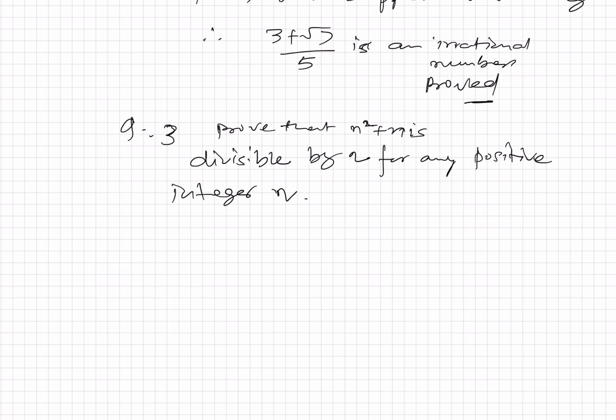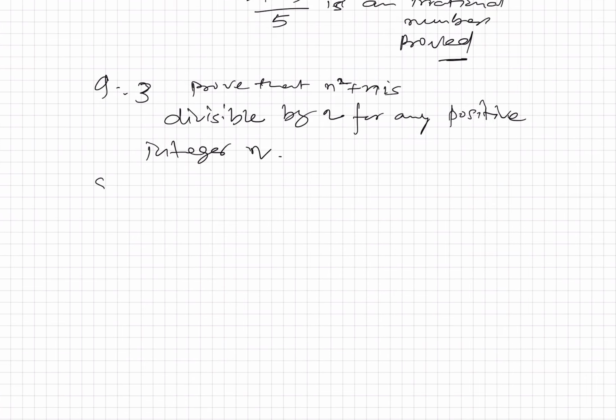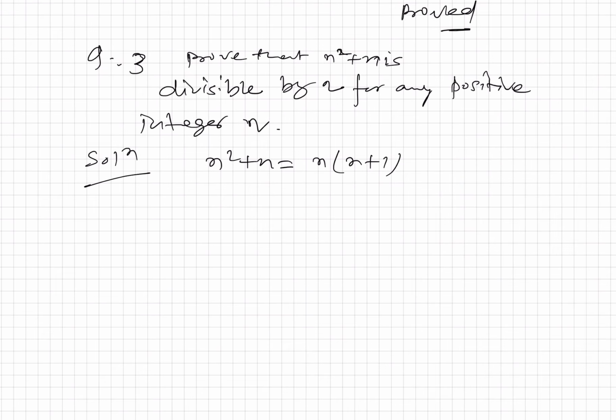Okay, the solution is n square plus n. We can write it n into (n plus 1). There are two cases. There arise two cases.